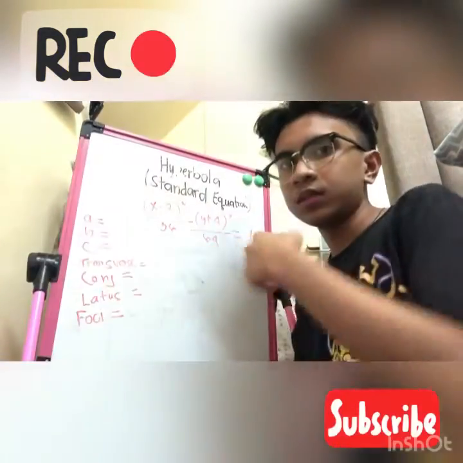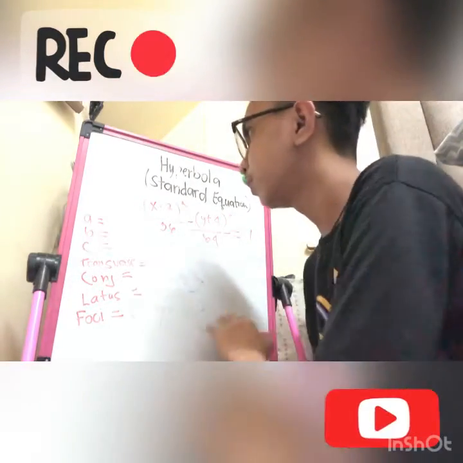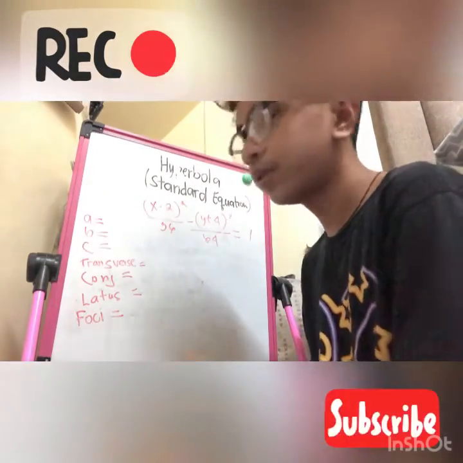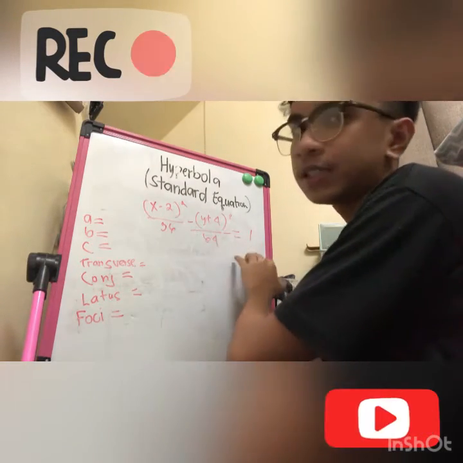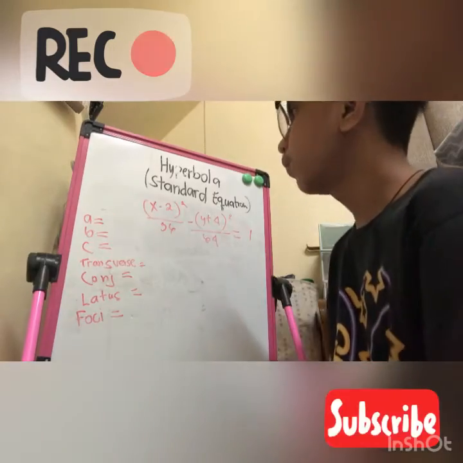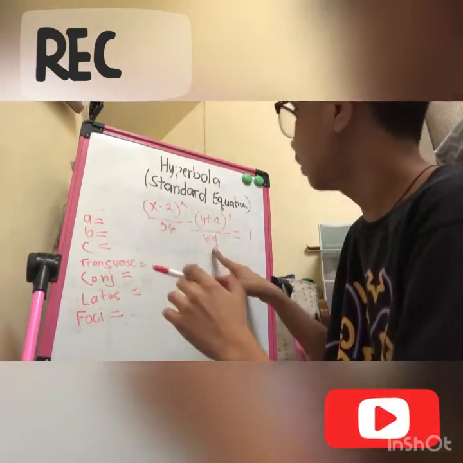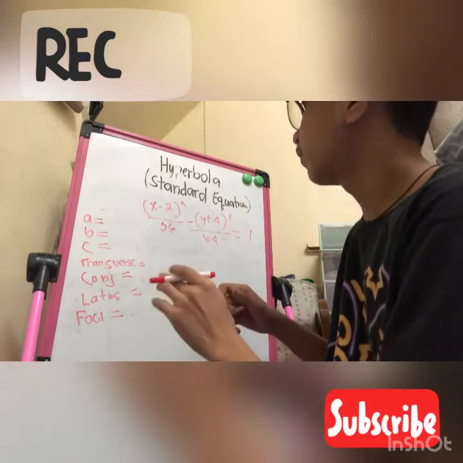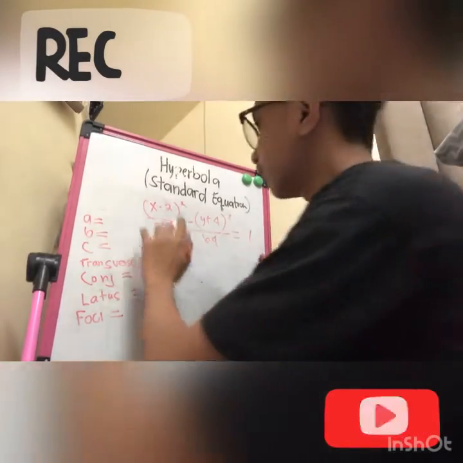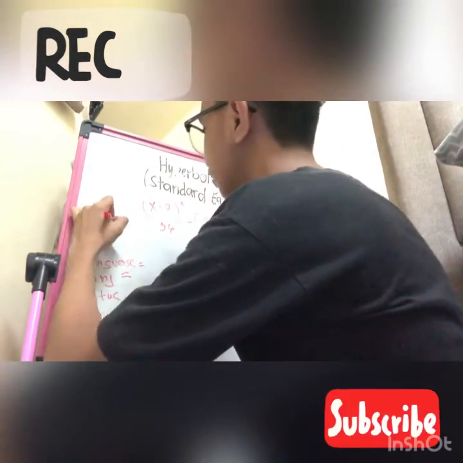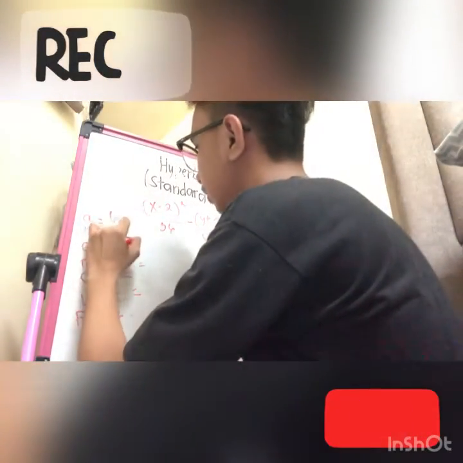So now we change the given example to standard form, which is x minus 2 squared over 36 minus y plus 4 squared over 64 is equals to 1. Now we can identify the a, b, and h and k of the center. So first, the a, square root of 36 is 6. Square root of 64, 8.